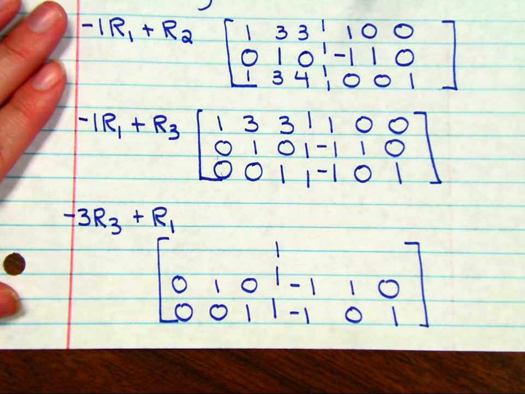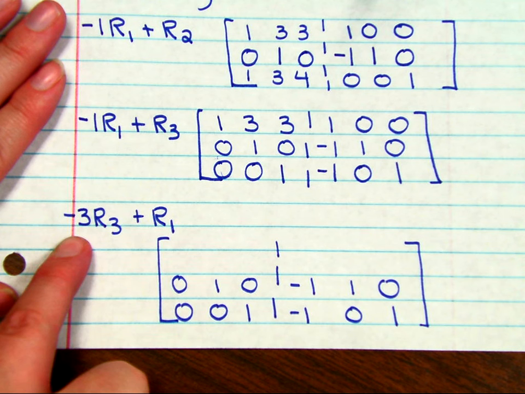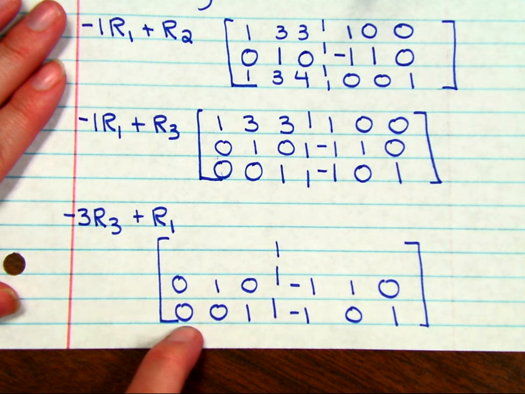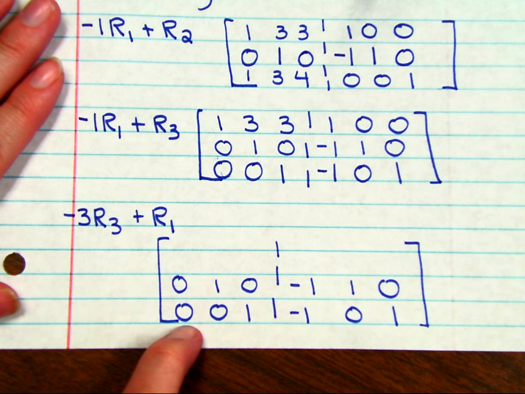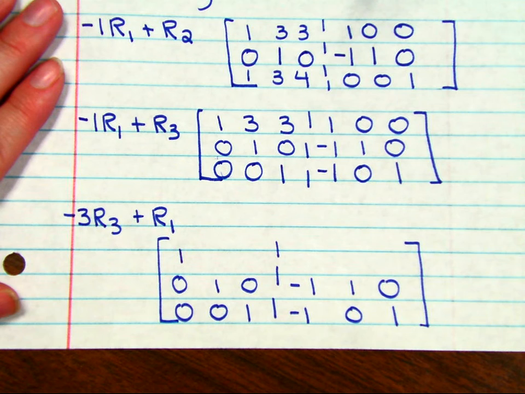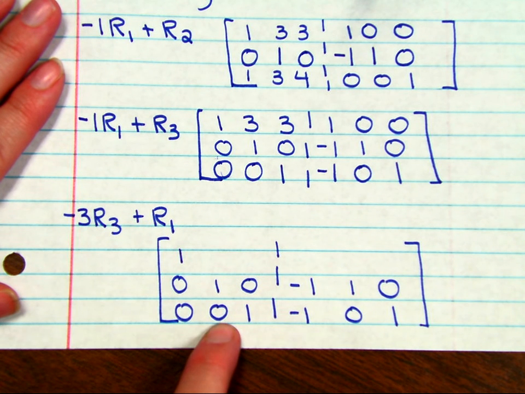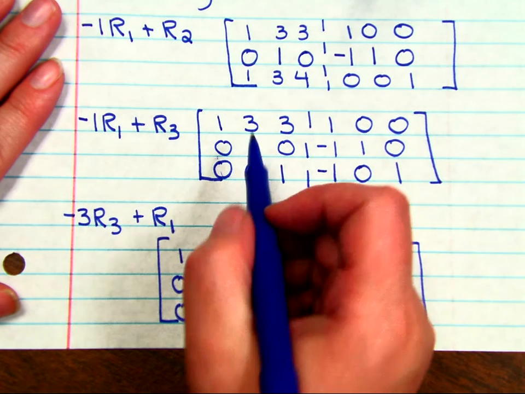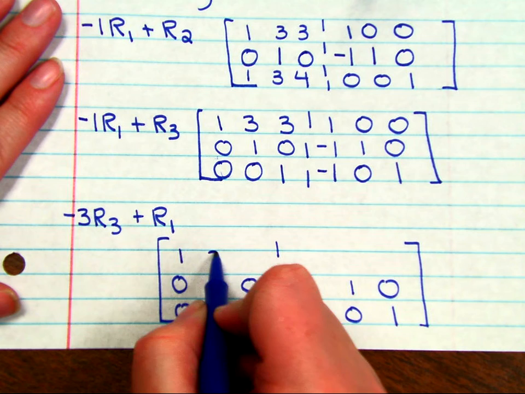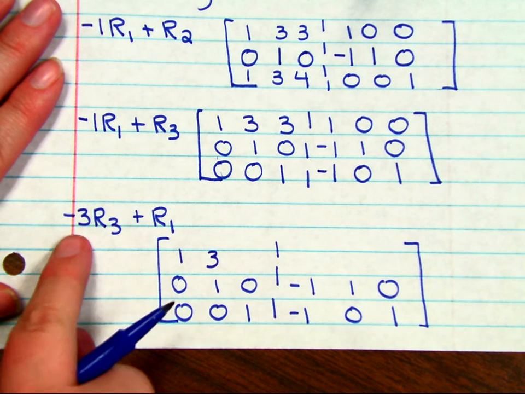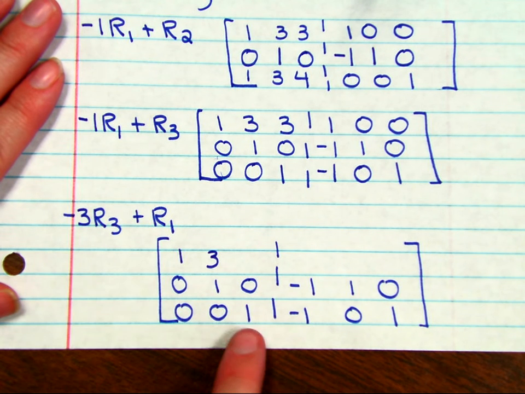Negative 3 times 0 is 0, plus 1 would be 1. Negative 3 times 0 would be 0. Plus 3, right there, would be a 3. Negative 3 times 1 plus the 3 I have right here would make this entry 0.